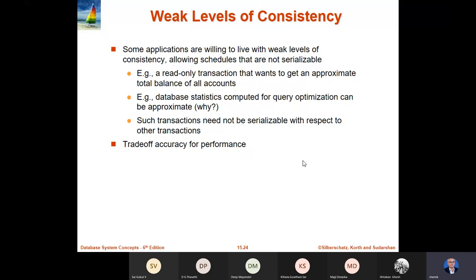It will read so many different data items, all the accounts and their balances, and it will have to acquire a read lock, or it will have to update the read timestamps. And in between, no other transaction will be able to write to that. So any other transaction which is even updating the balance of a single account will not be allowed because another transaction is reading the sum of the balances of all the accounts.